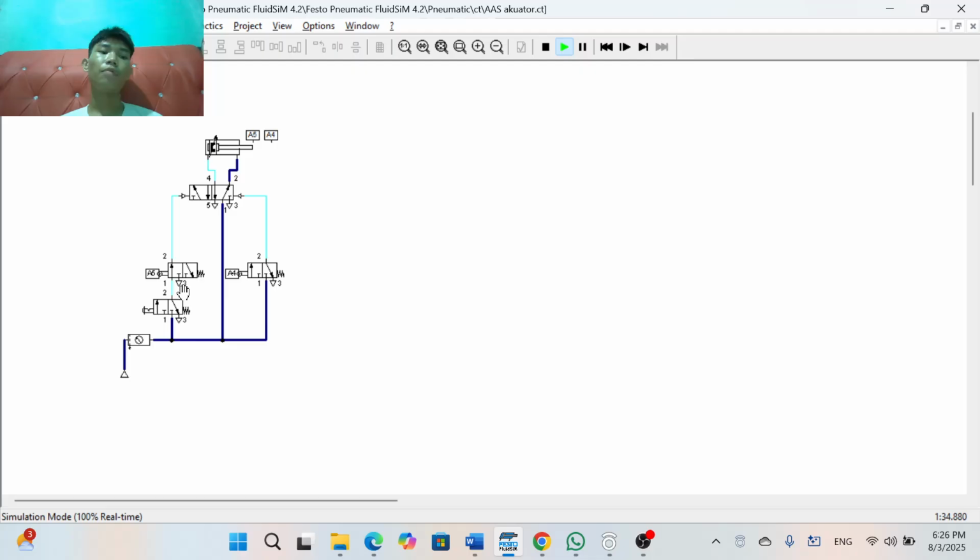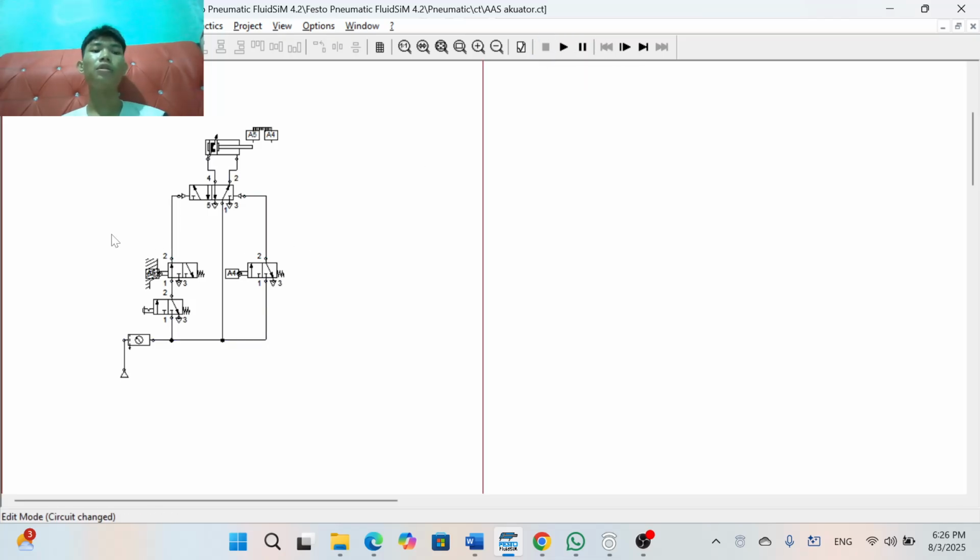So when I press the selector switch, the air will be forwarded to valve 5 per 2. Why? Because the limit switch is already clicked like this. This symbol shows that the limit switch is already clicked.